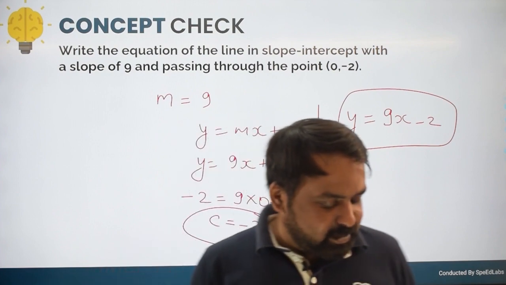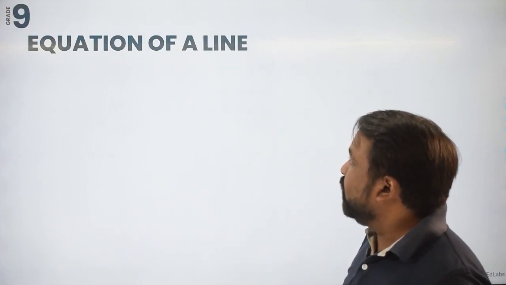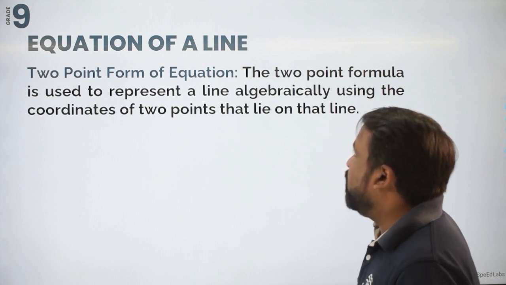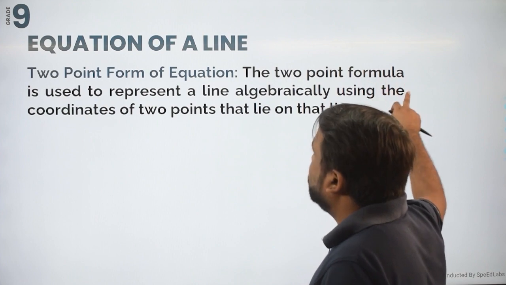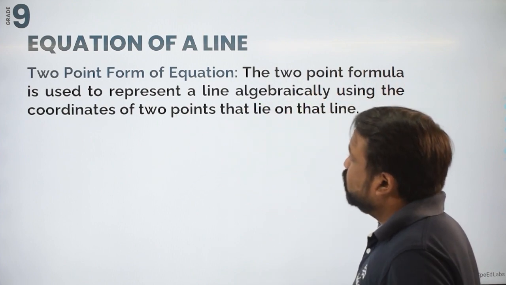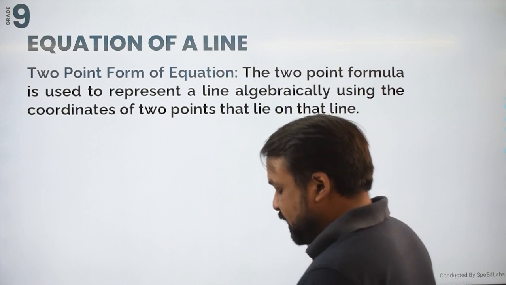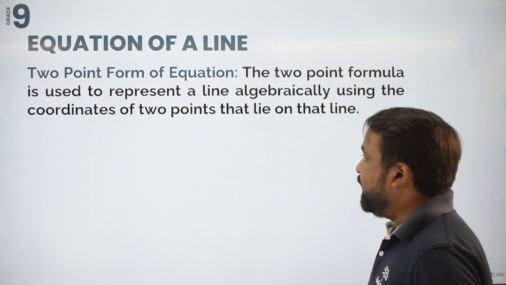Alright, so now the next thing, equation of line. Okay, so the 2-point form of equation. Now what is the 2-point form? This is very important. The 2-point formula is used to represent a line algebraically using the coordinates of 2 points that lie on that particular line.